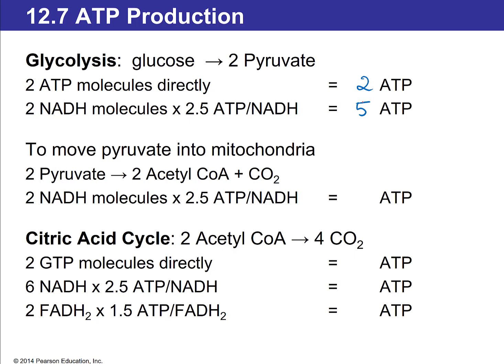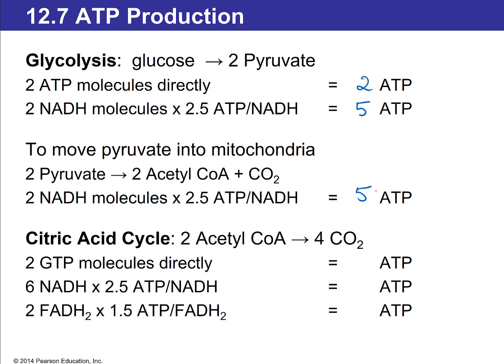Okay, so that step going down into the mitochondria, when pyruvate bumps off a carbon dioxide, making the little 2-carbon carrier, that'll also make 2 NADHs. So there's hydrogens pulled off there. So that'll give you 5. Citric acid cycle is where you get the most NADH and FADH2 molecules.